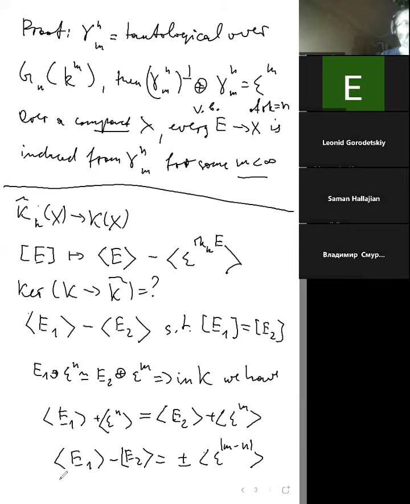Well, what does this mean? This means that the kernel is generated simply by the images of the trivial bundle and their inverses. And as a group, this thing is isomorphic to Z.